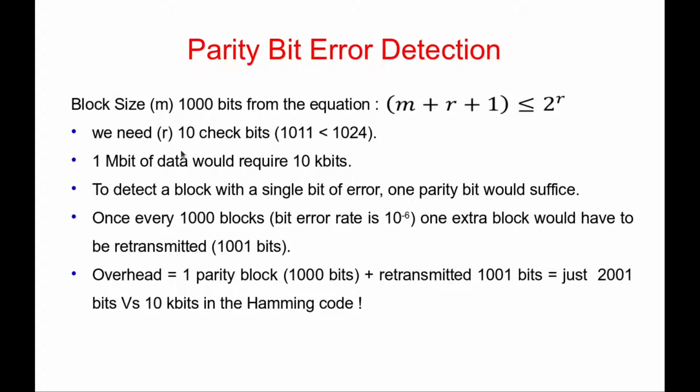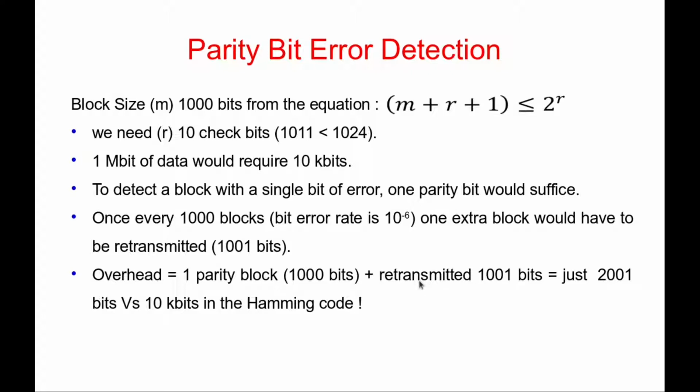Because for all the 1000 blocks we calculate 1 bit for each individual block, so there will be 1000 bits. This is the one single parity block containing the parity bits, 1000 bits. And if there has been an error in those 1000 blocks, that would have been detected at the receiver, and that would have been retransmitted.